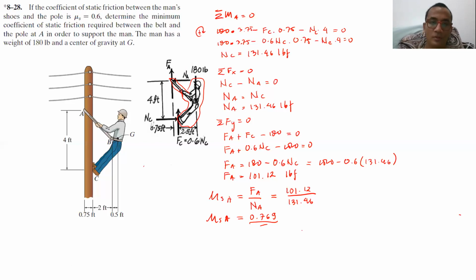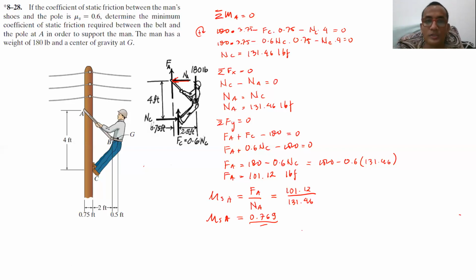As you can see, the normal force is between the pole and the belt. So at this particular point, the normal force is at the belt in that direction.